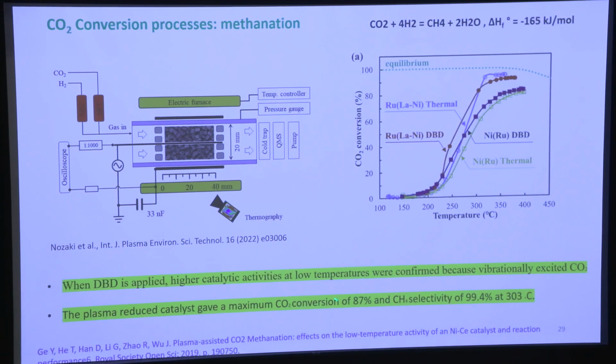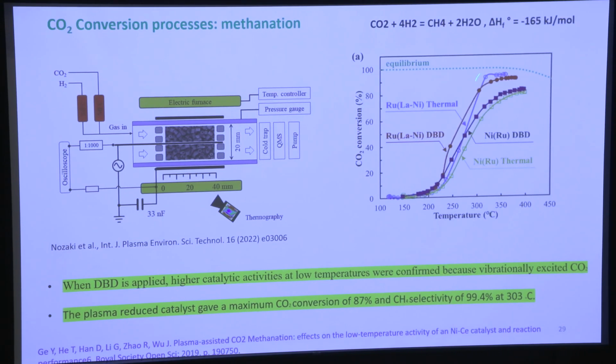But here they say that the CO2 conversion is close to 90%, and the methanation becomes 99% at a very low temperature. So if some countries or areas want to have methane, and you have hydrogen and CO2, this might be a way to do plasma-assisted CO2 methanation reactions.